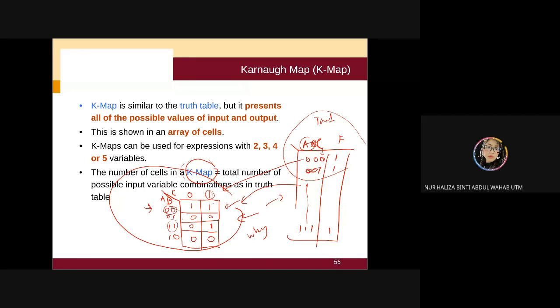Later you will play around with these bubbles. From these bubbles, you're going to get the output: A, B, C plus here will be A bar, B bar. How you get this simplified version we will look into later, okay?